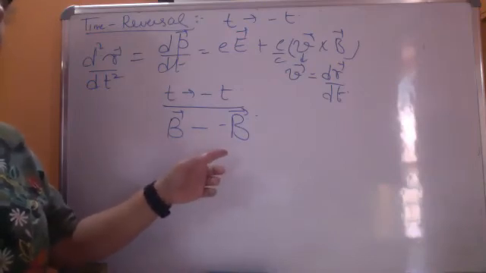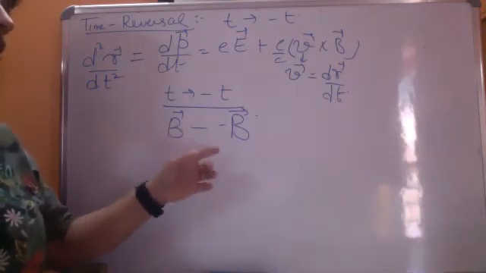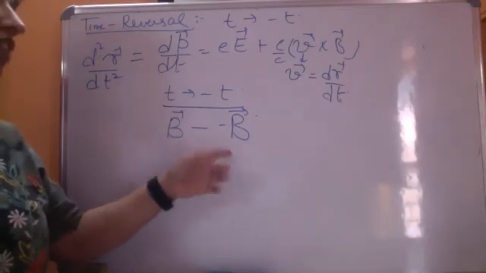B is actually an axial vector, right? It's not a true vector. It's an axial vector, right?